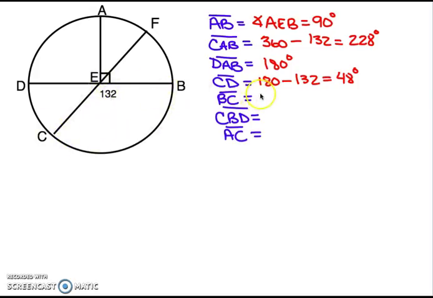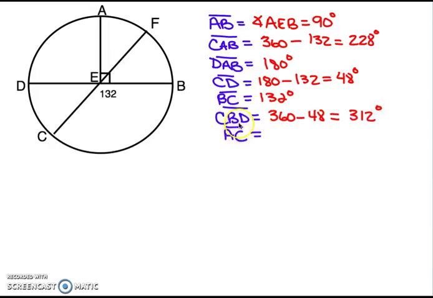This angle is 132. And for CBD, right here, we're going all the way around. So we're going to take 360 minus this piece that's missing, which is 48. And that leaves us with 312.